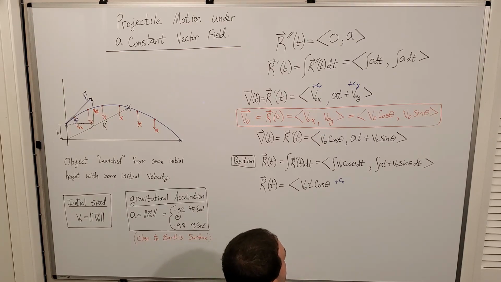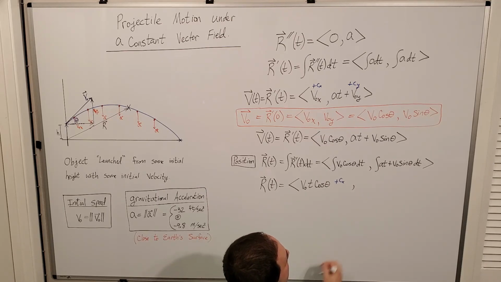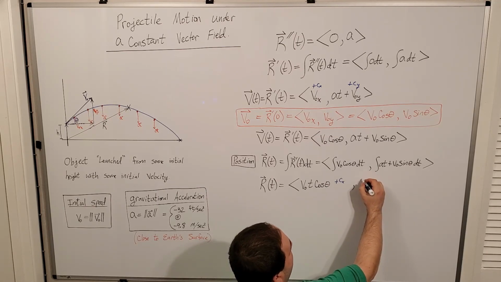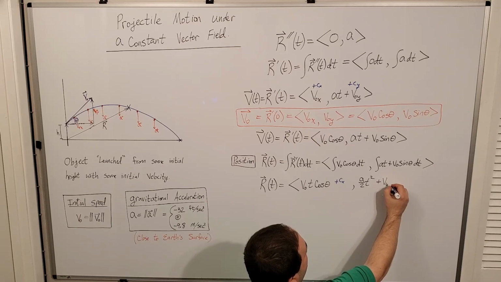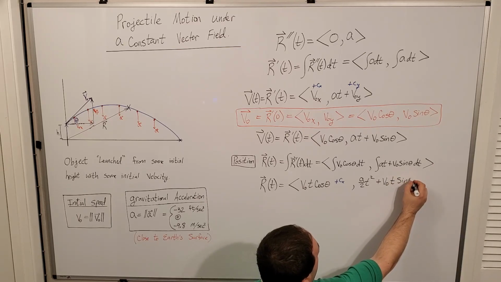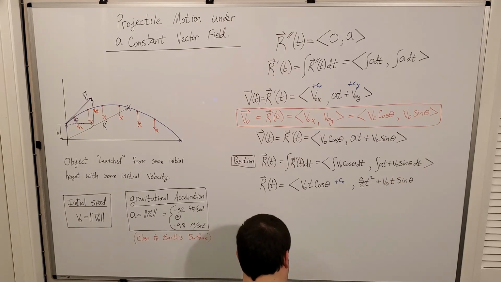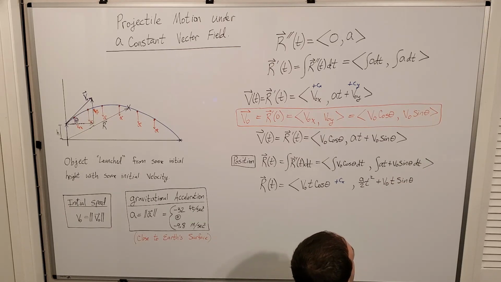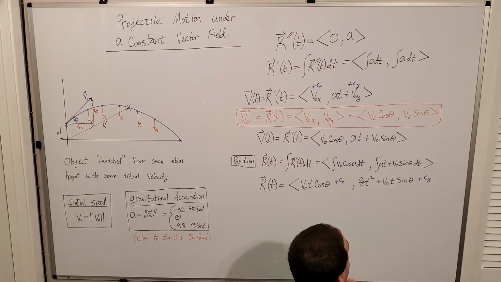We'll talk about that in a second. Over here, I'm going to have 1/2 a t squared, because I'm doing the antiderivative, plus v naught t sine theta, that's the antiderivative of a number dt. And then don't forget, I also need plus c y, some sort of integration constant.